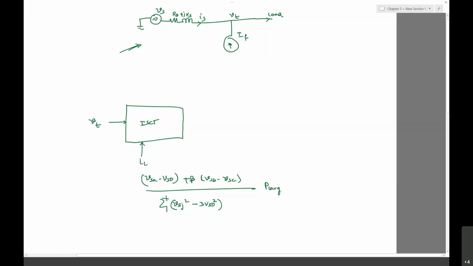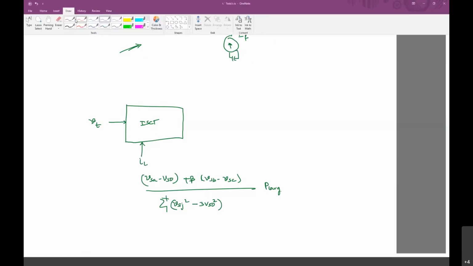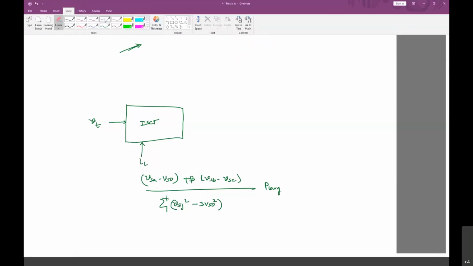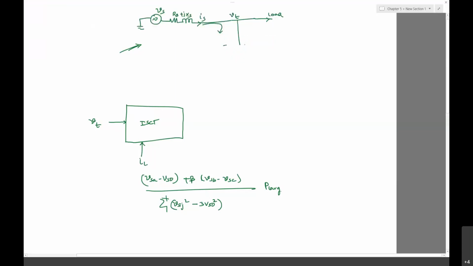But as I was mentioning, in the D-STATCOM, we are charging the capacitor from the source itself only. In order to charge the D-STATCOM capacitor, a minimum amount of real current is required that can be drawn from the source.